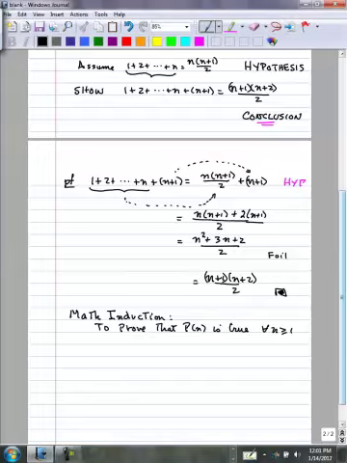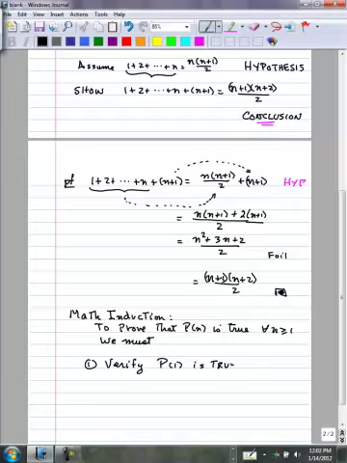It might be 2 or 3, but let's say greater than or equal to 1. We must do two things. First of all, verify that P of 1 is true.